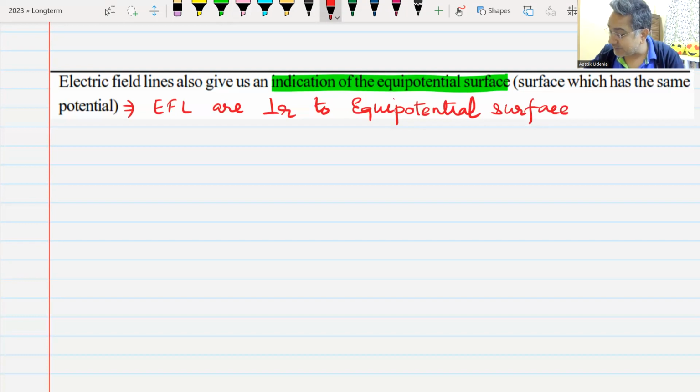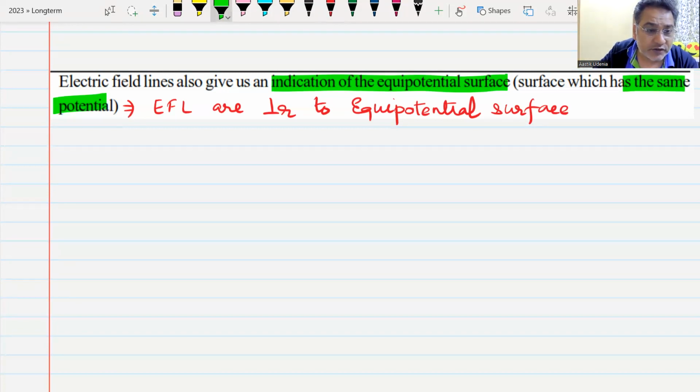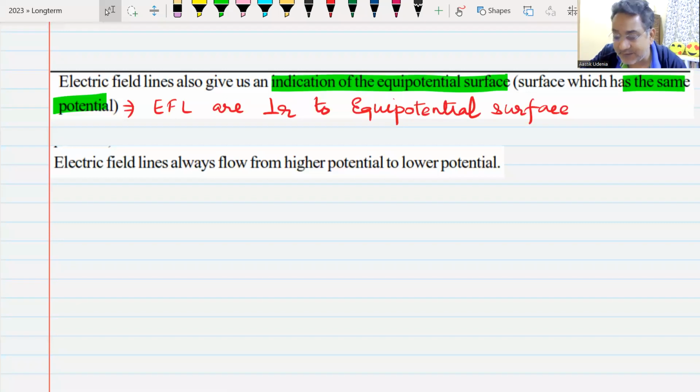Equipotential surfaces are surfaces which have points of the same potential. So electric field lines are perpendicular to equipotential surfaces, and electric field lines always flow from higher potential to lower potential. These are the 2 points which we will understand in the coming classes. Right now, you just note them down. We'll understand them later.